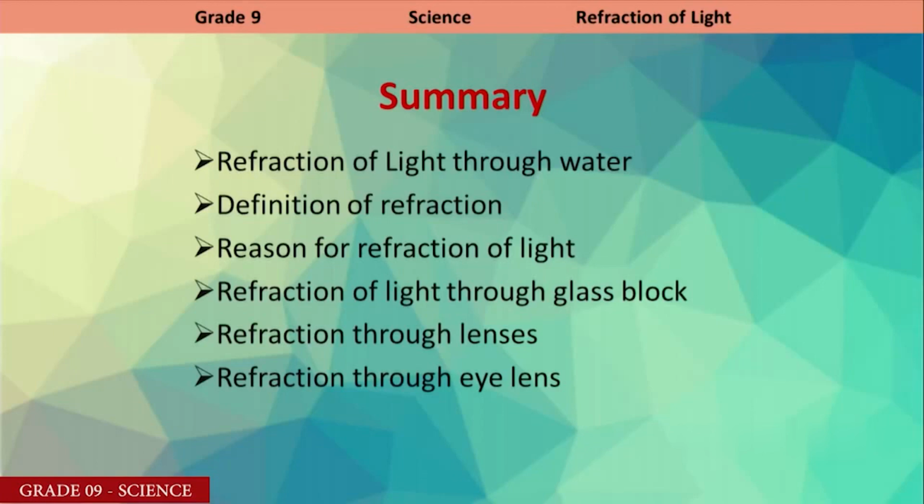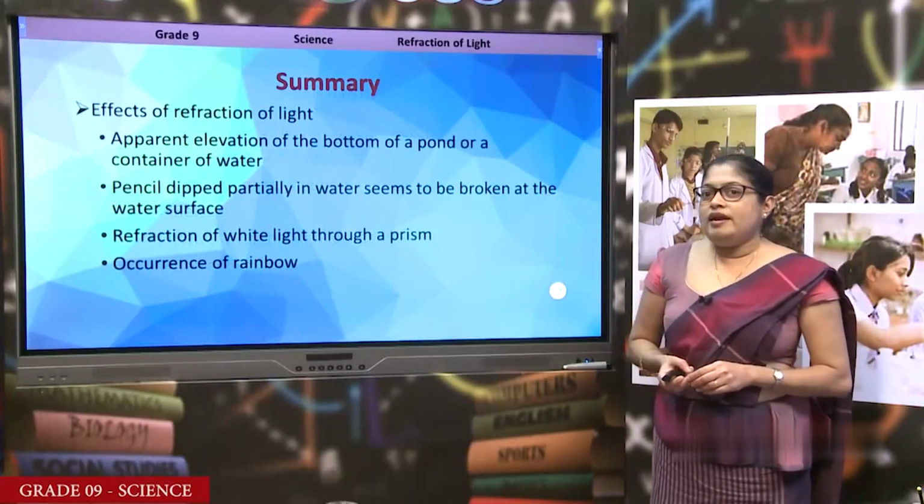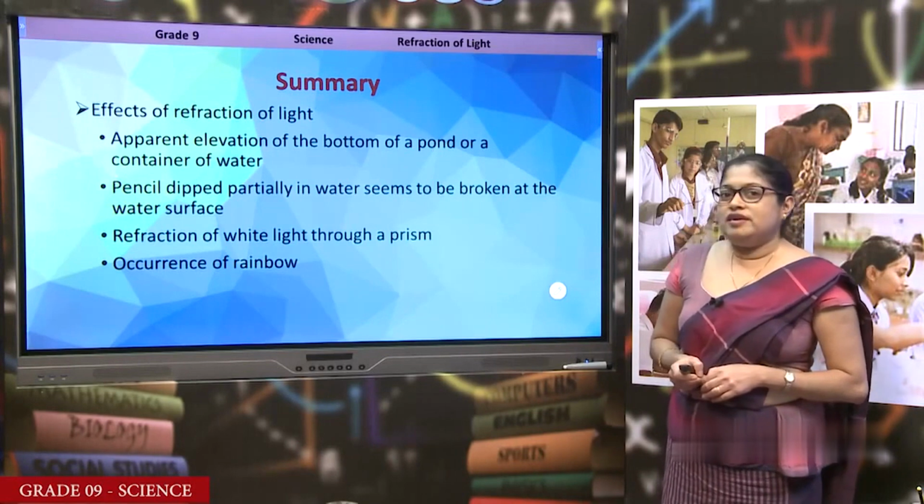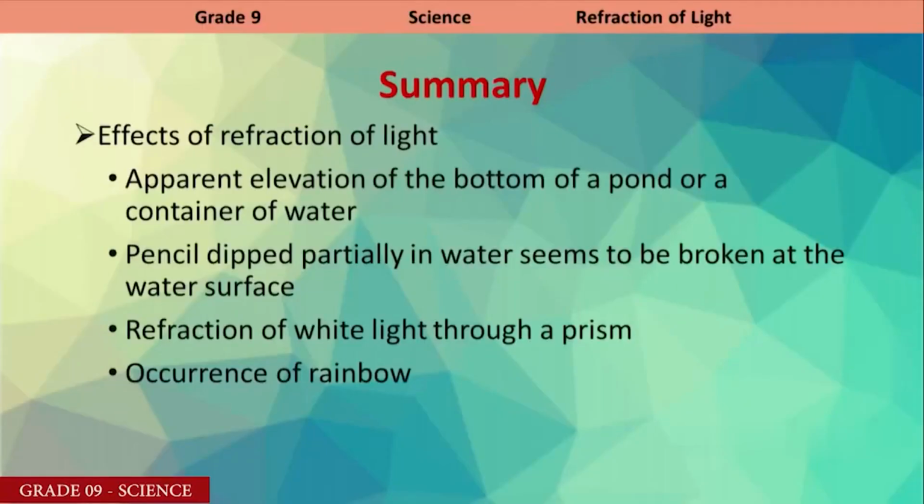We learned reasons for refraction of light and refraction of light through glass block, refraction through lenses, refraction through eye lens, and at last we did some incidents related to refraction of light, like apparent elevation of the bottom of a swimming pool, pencil dipped partially in water seems to be broken, refraction of white light through prism, and at last we did occurrence of rainbow. With that we finish refraction of light.